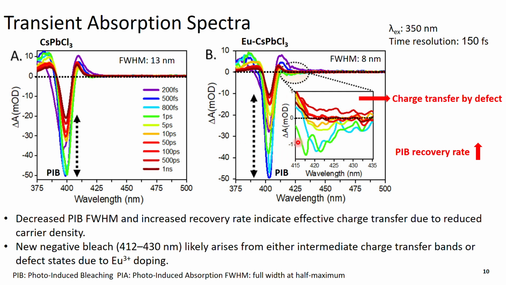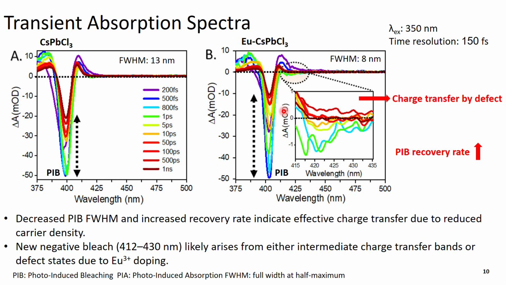And the second is the PIB signal of the europium-doped perovskite nanocrystal has a narrower PIB.